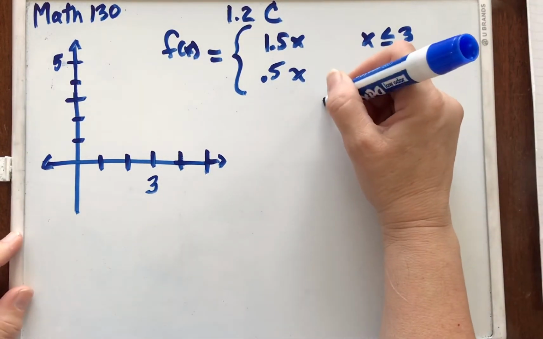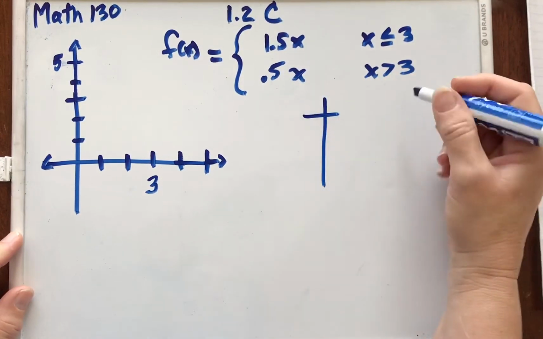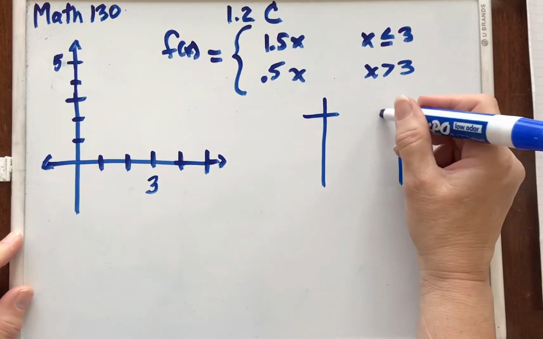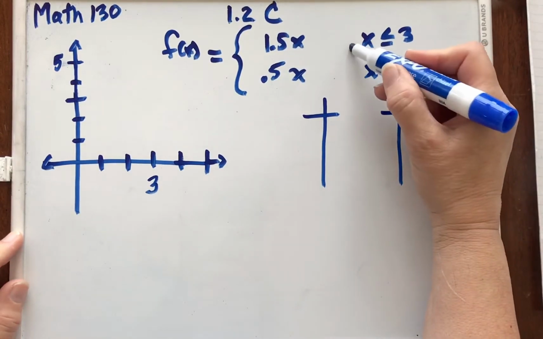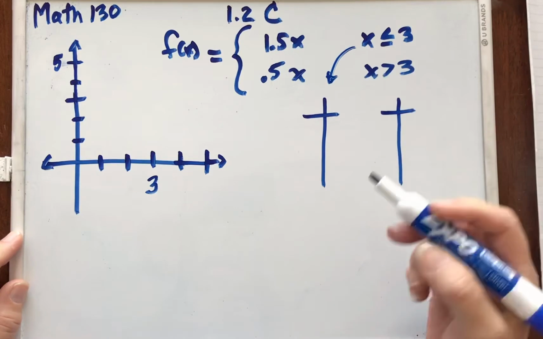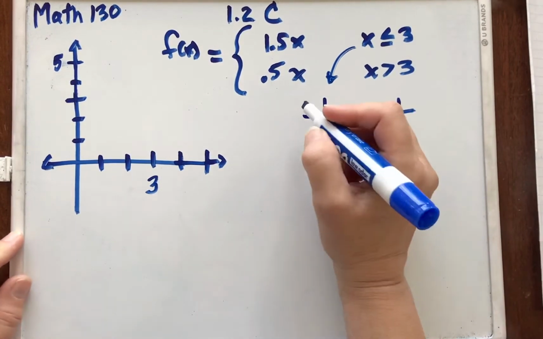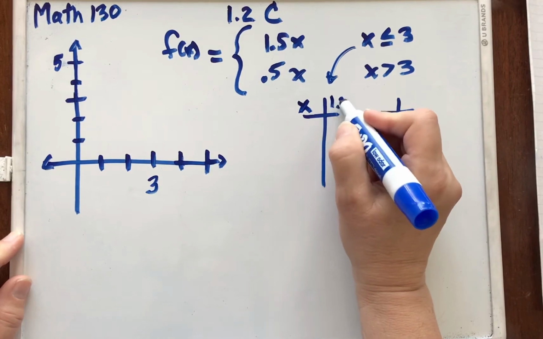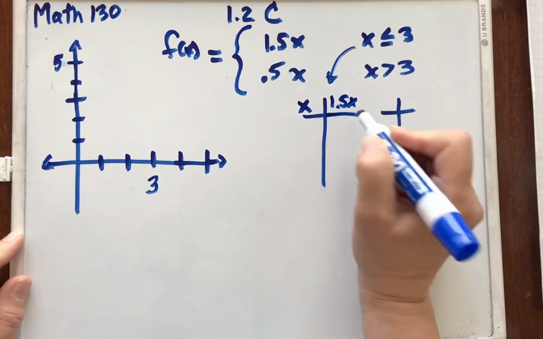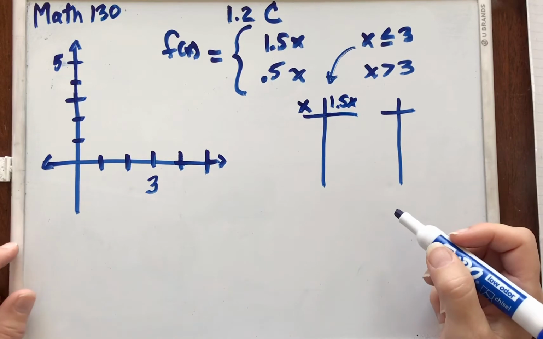So let's go ahead and make a couple XY tables, input-output tables. All right, so for the first one, we're going to do right here, for all x less than or equal to 3. And to do that, our output's going to be 1.5 times x. All right, so let's pick something less than or equal to 3.